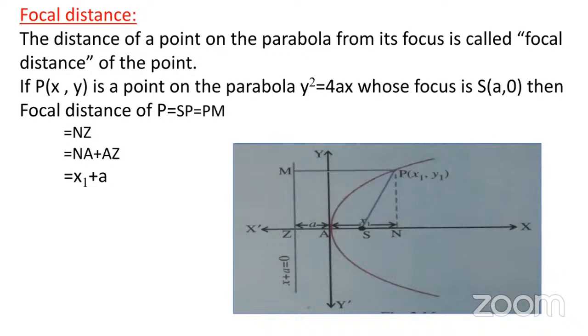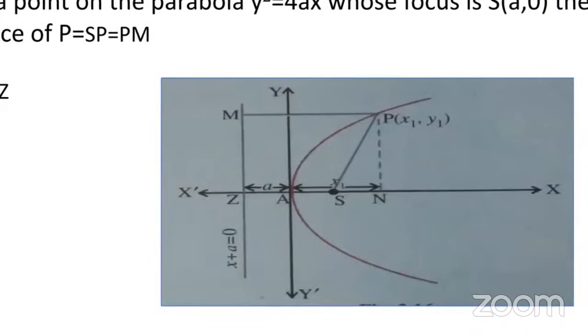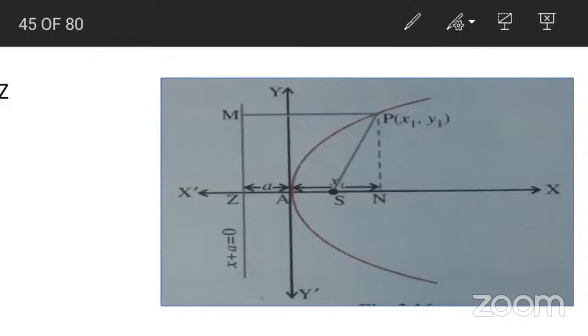SP equal to PM. Why can we take SP equal to PM? Here e equal to 1, because it is a parabola. So SP equal to PM. Please observe here, PM is parallel to NZ.